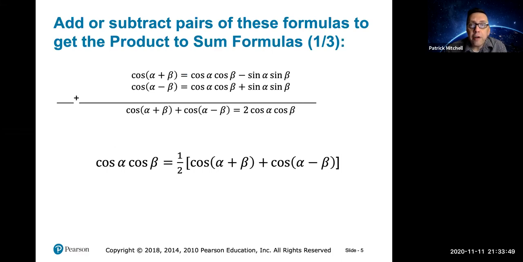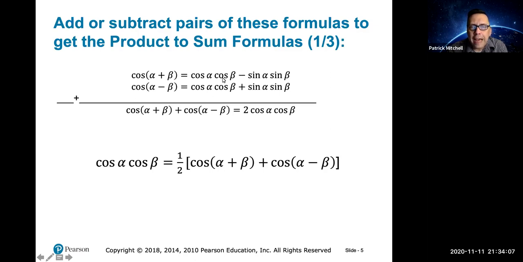So to get the first of the product to sum formulas, I am going to take the sum and difference formulas for cosine, which you'll notice on their right-hand sides are exactly the same except for the sign in the middle.